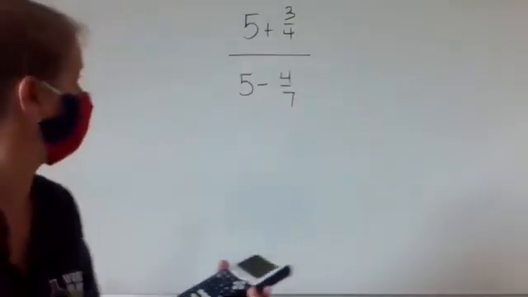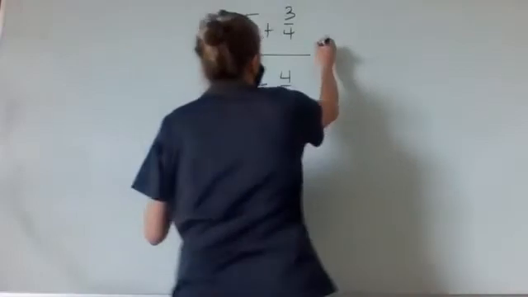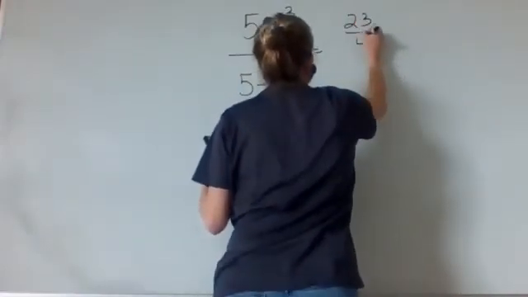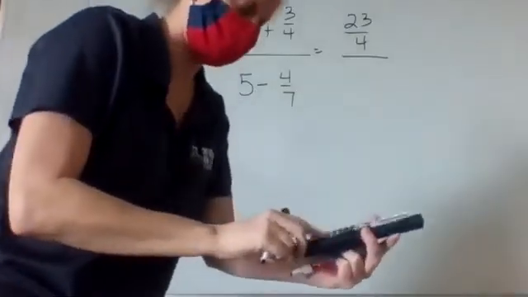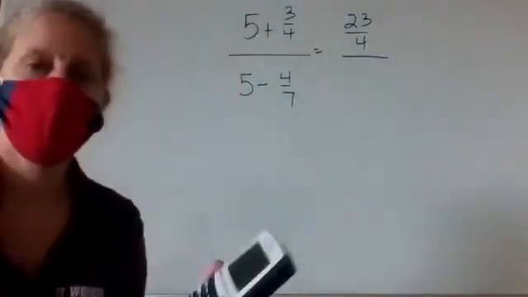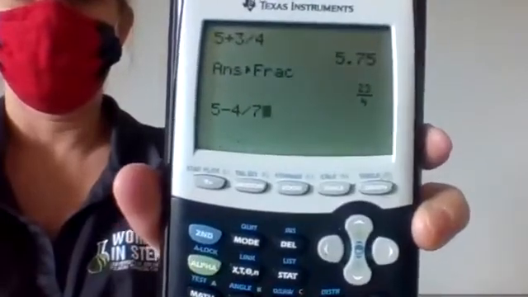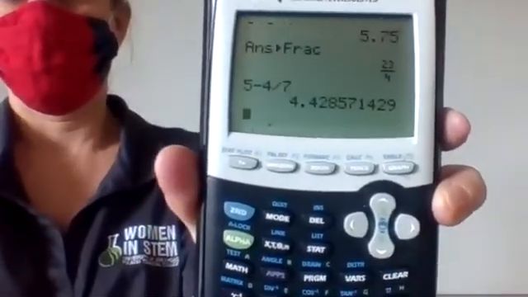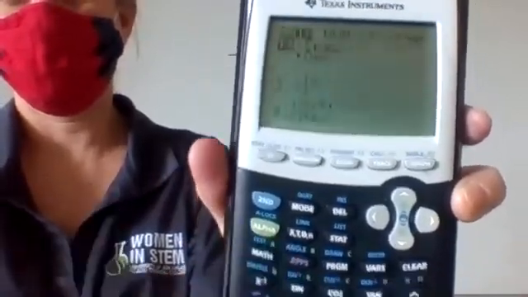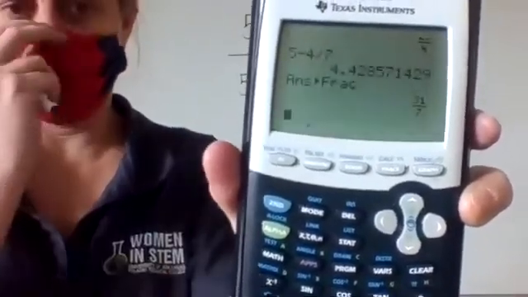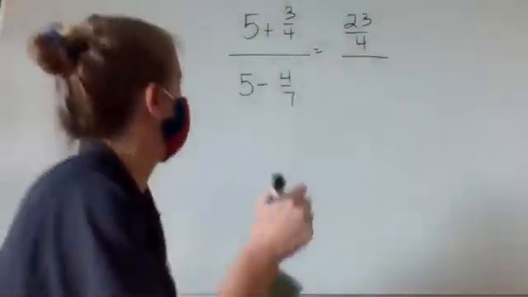So when I add 5 to 3/4, it gives me 23/4. I'm going to do the same thing down here. So 5 minus 4/7. And again, math enter that. 31/7.